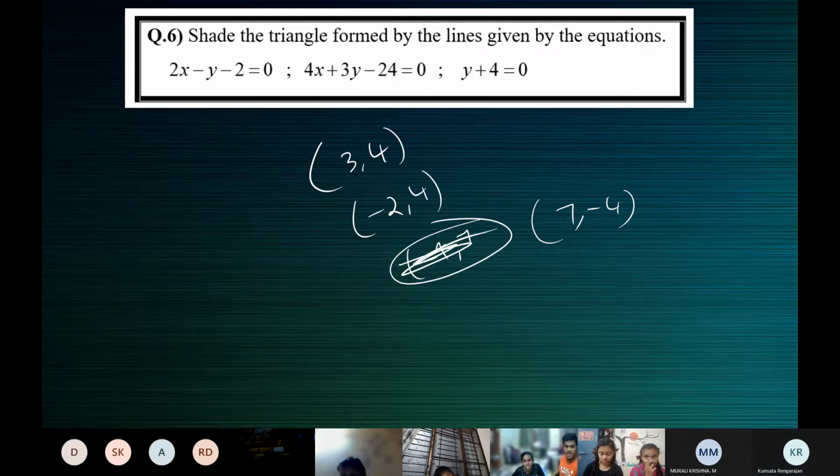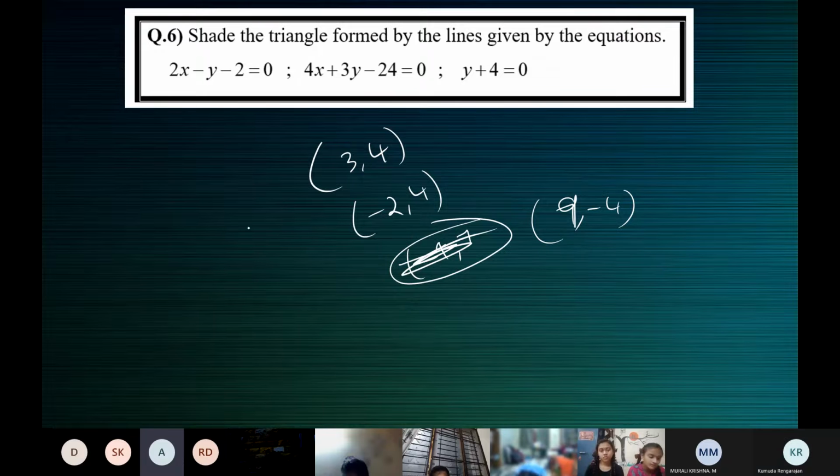9, -4, ma'am, and C as -1, 4, ma'am. I can't see clearly. 9, -4, ma'am. Okay. Anybody else wants to share?